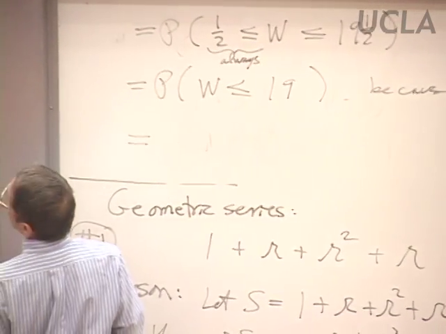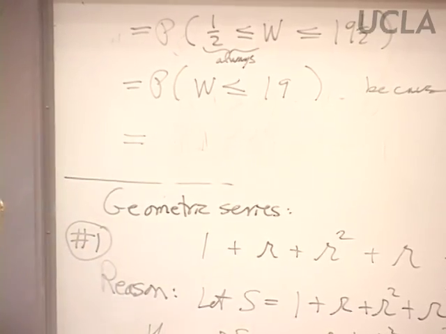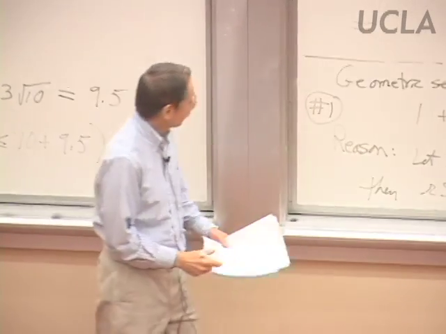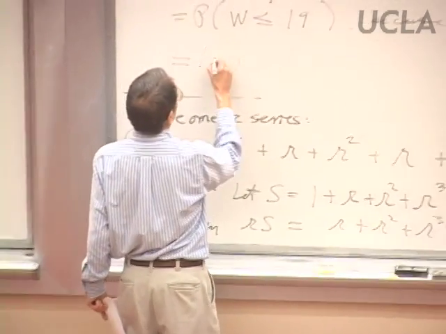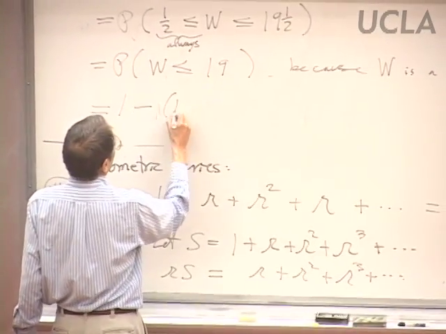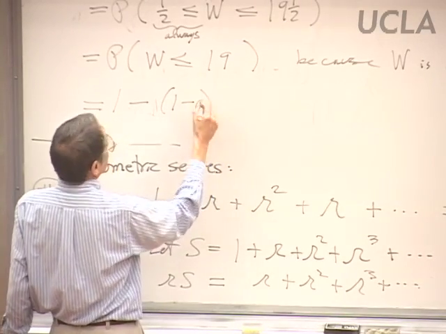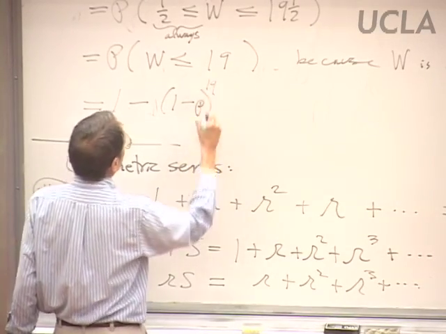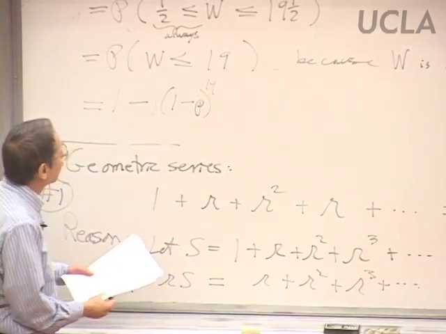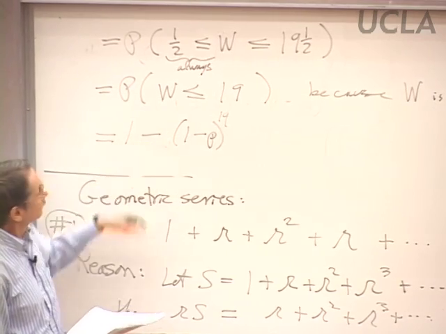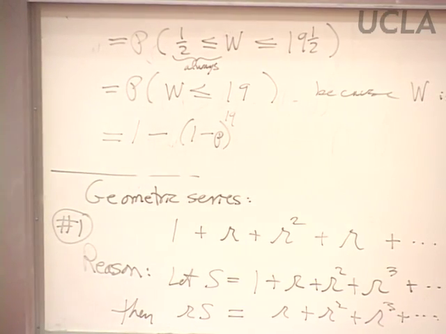There's a formula for it somewhere. I guess it's been erased. For the cumulative distribution, it's 1 minus p. We want to say it's not the case that we have these 19 straight failures.